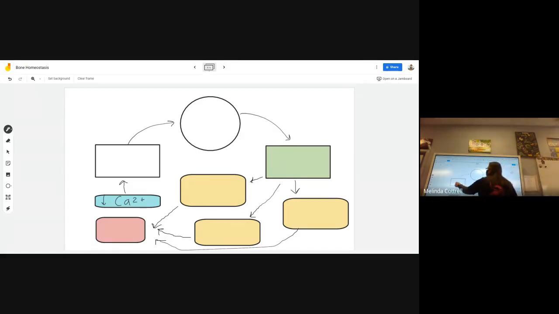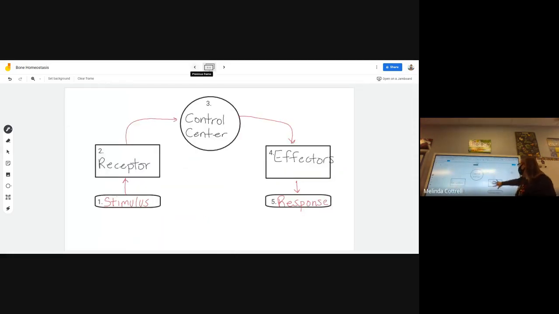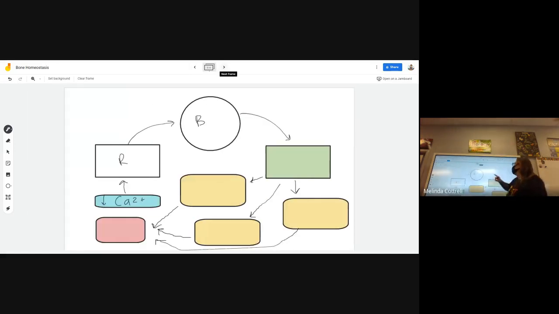Okay, so we have a receptor that can indicate that the calcium is low. We have our brain that's going to do something about it. So now we're going to talk about, okay, what does the brain react to? So we're going to talk about this side here with the effectors and the response. So in the case of low calcium, the effector is going to be the parathyroid gland.